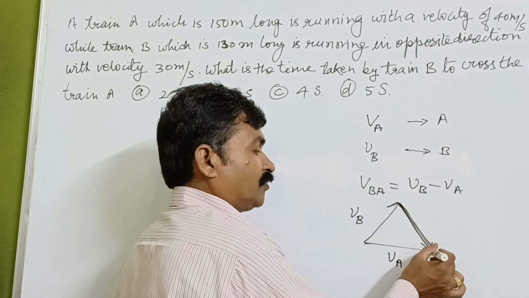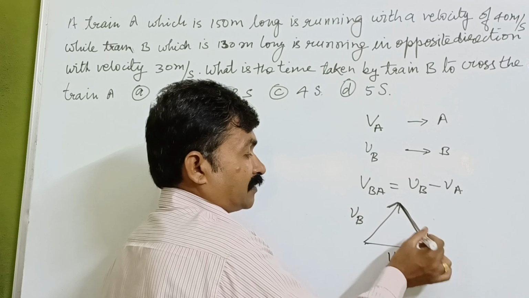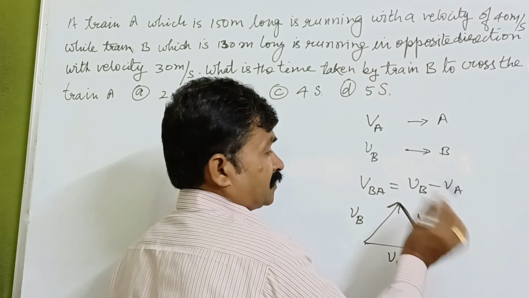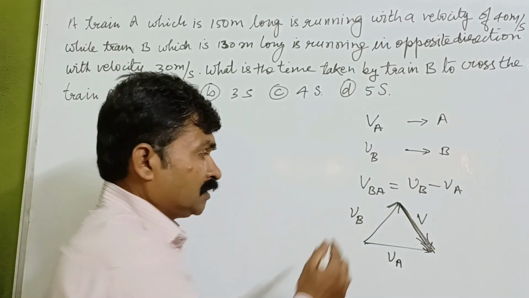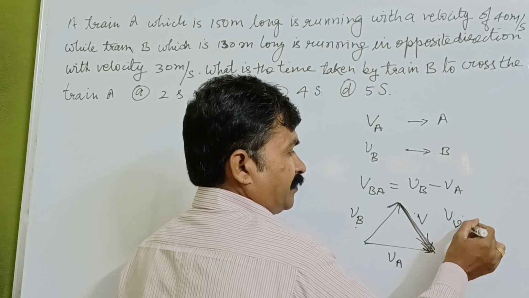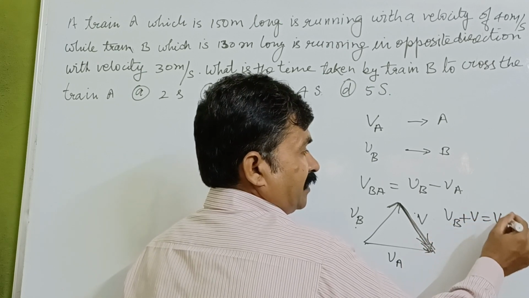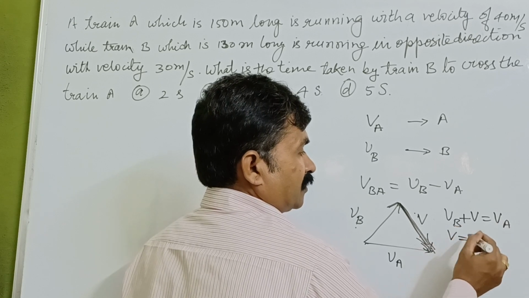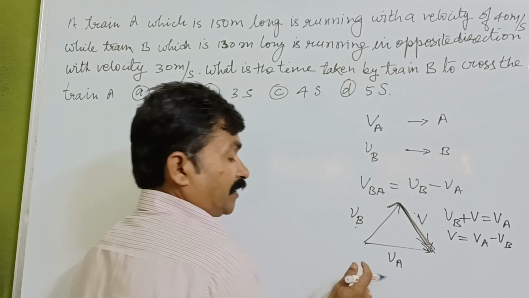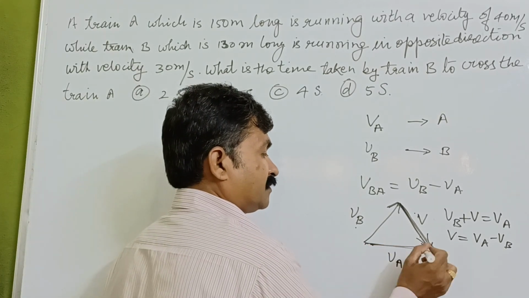I have taken a vector V, so VB plus V will give VA. That means VA minus VB gives the relative velocity for A.